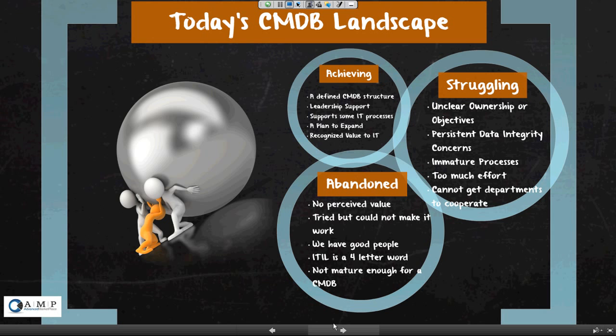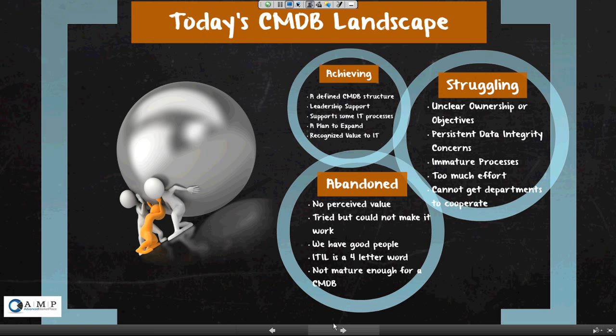People say, well, we're not mature enough for CMDB, there's no value for it. We don't really see a value in it, and I would submit that that's a really bad place to be, so I'm going to go through an analysis with you today of why having a CMDB and having a strategy around it is more important than ever.